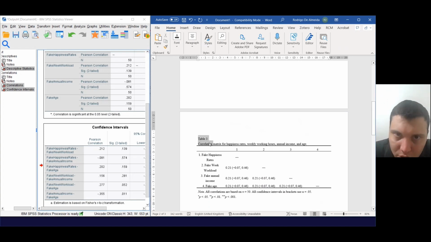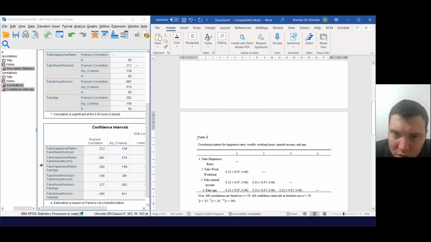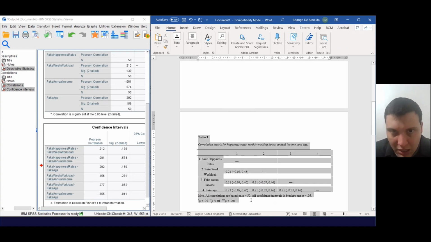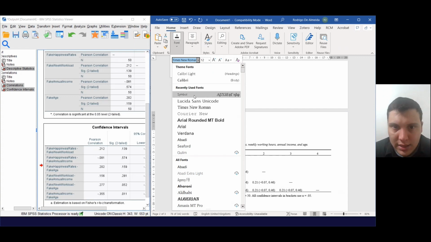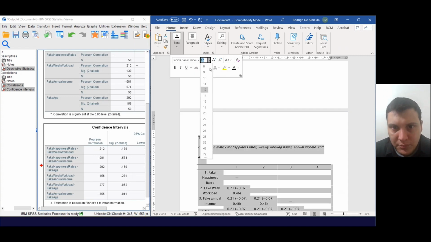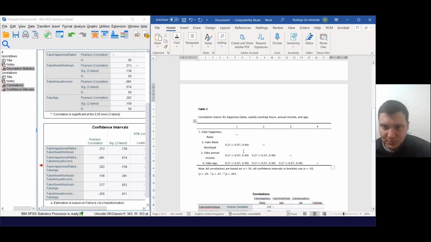So these two are double spaced. This is bold. This is italics. And the whole thing needs to be either Times 12, which is the case that's right, or Lucida 10, or other options that APA gives you.